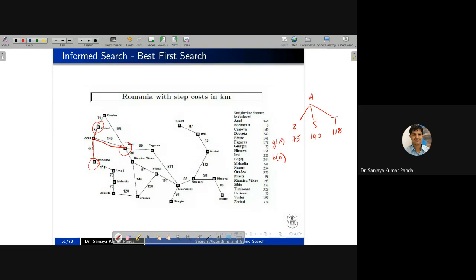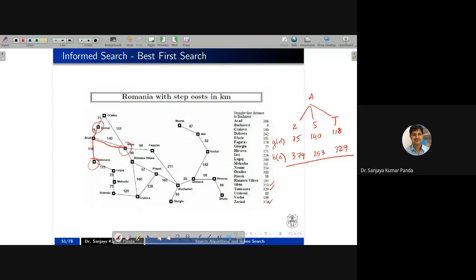From Z to B it is 374. From S to B it is 253. From T to B it is 329.